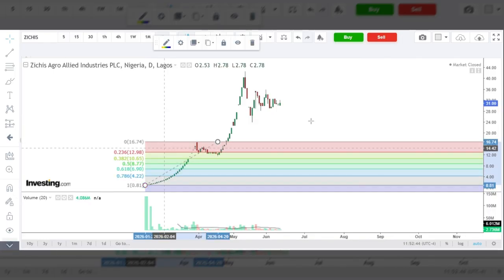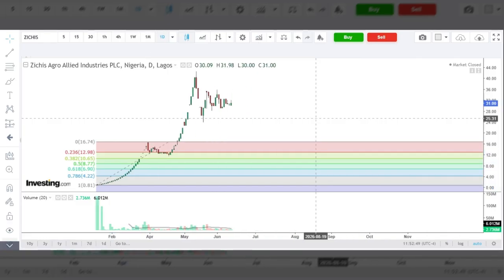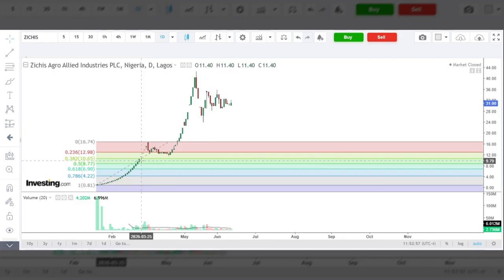That is where wave 2 stopped. And why this market is actually very strong is because of the fundamentals behind it. It has very strong fundamentals, and their financial report is very exponential. So this is our wave 1 here, then wave 2, then wave 3.